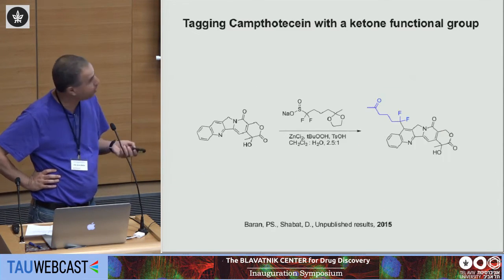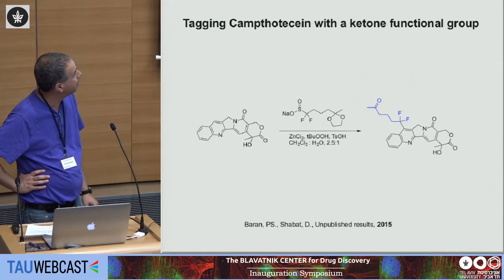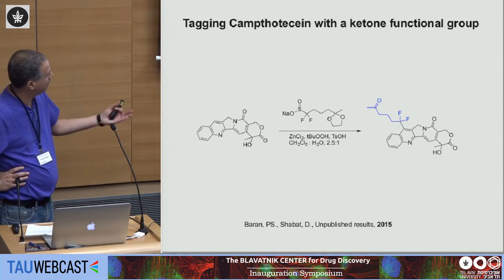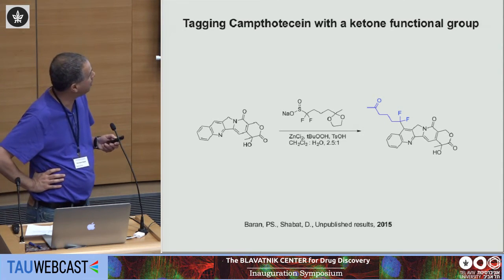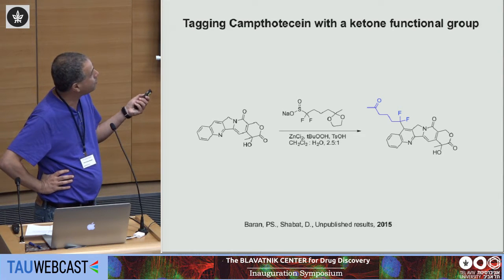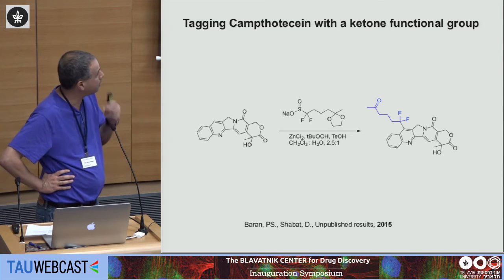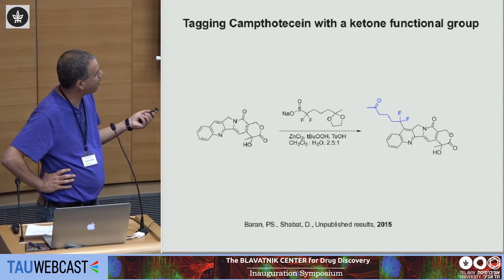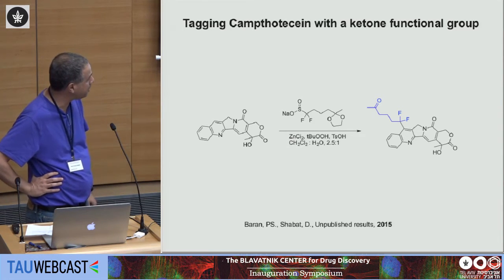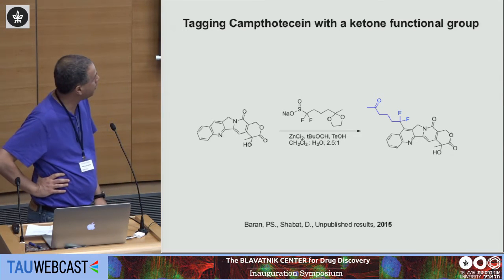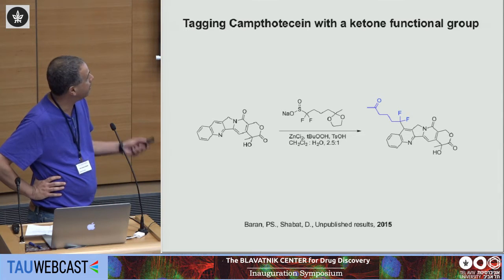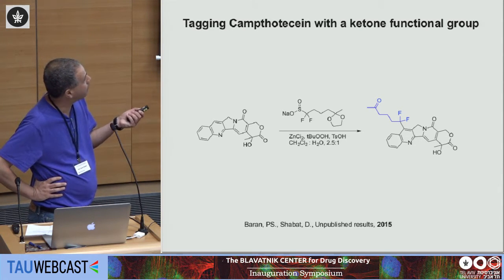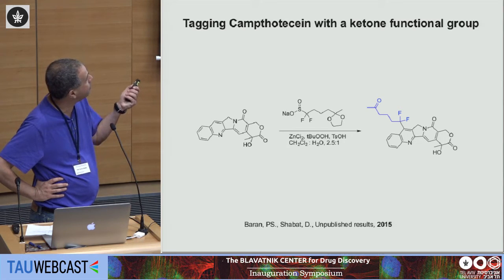This is going to be the only slide today where I show you molecules. These are relatively new results in the lab. This is the reagent that we developed. It is based on chemistry developed by a collaborator of mine from the Scripps Research Institute, Phil Baran from Scripps in San Diego, La Jolla. What we have done here is develop a chemistry that allows C-H activation of a molecule like camptothecin.